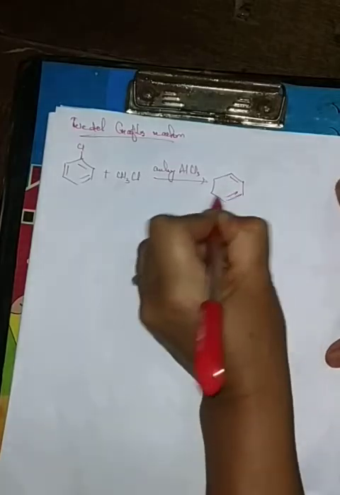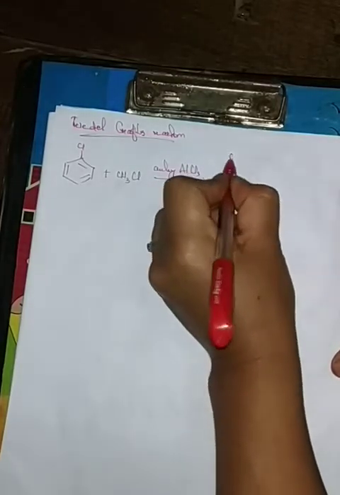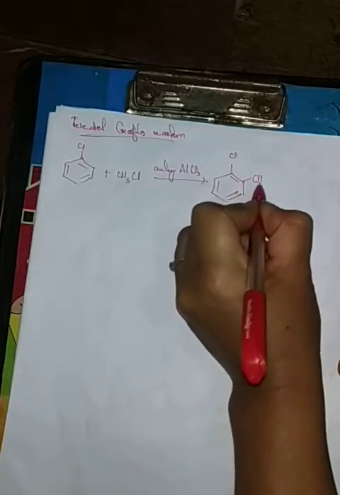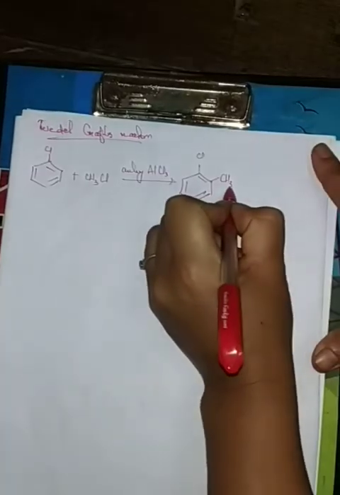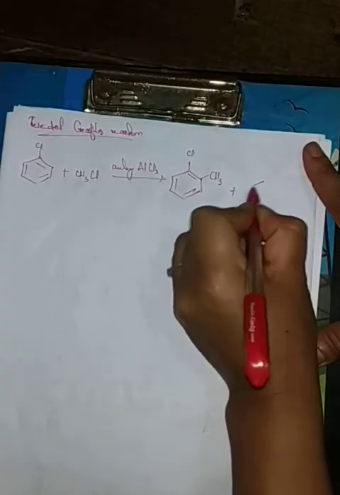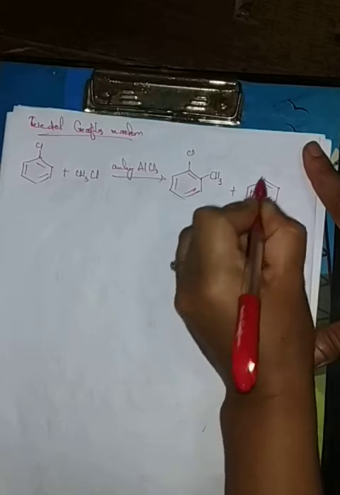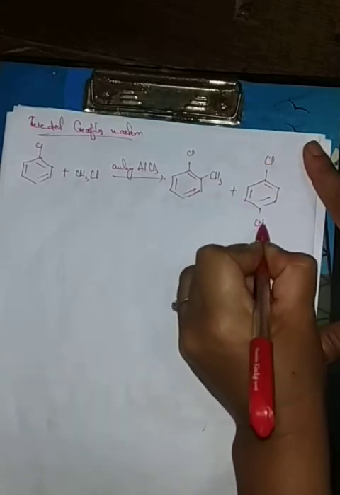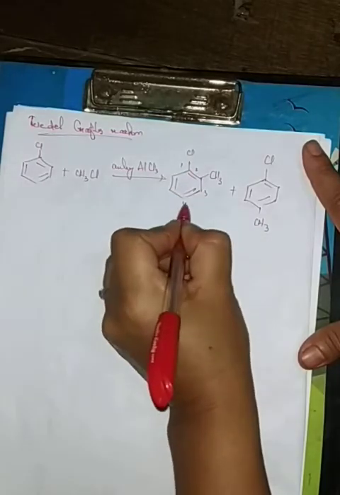Here also we'll be getting 1 para product and then 1 ortho product, CH3. Friedel-Crafts alkylation is the addition of an alkyl group into the benzene ring. Cl, CH3. Here numbering will be 1 2 3 4 5 and 6.